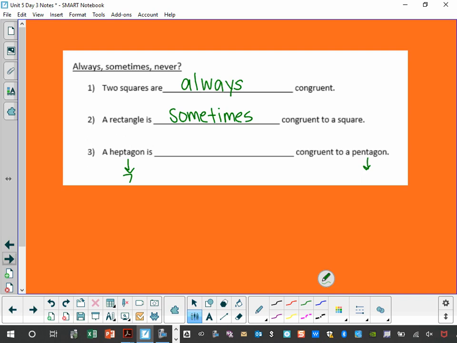Think about an octopus. What did you say? 5. You guys heard of the Pentagon building in Arlington, Virginia? It has 5 sides. All right, so a heptagon is blank congruent to a pentagon. Always, sometimes, or never. Never. 7 sides will never be congruent to 5 sides.